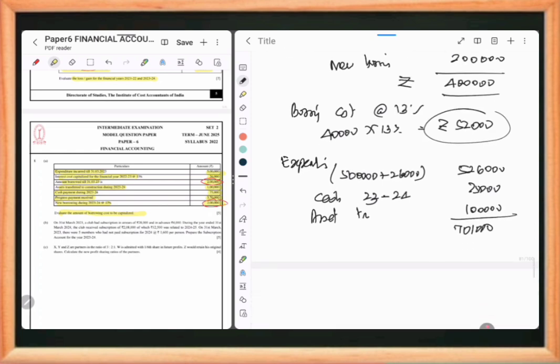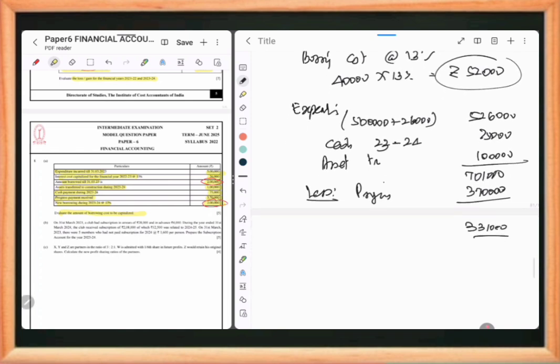So we have to deduct any progress payment. Progress payment is 3,70,000. You have to deduct it. So 7,01,000 minus 3,70,000 is 3,31,000. This is the amount.